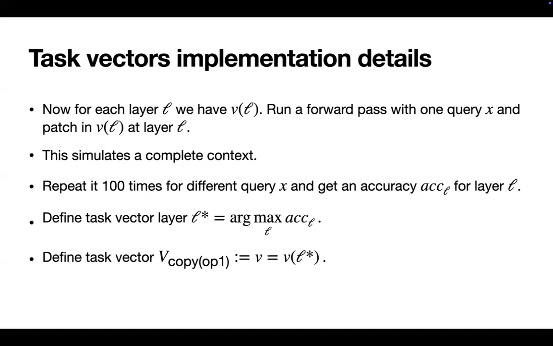We repeat this process 100 times for different queries x and get an accuracy, accuracy_L, for layer L. Then we define the task vector layer L star by maximizing the accuracy. So now we have the task vector layer. Then finally we define the task vector of copy operand 1 to be the vector at that layer.